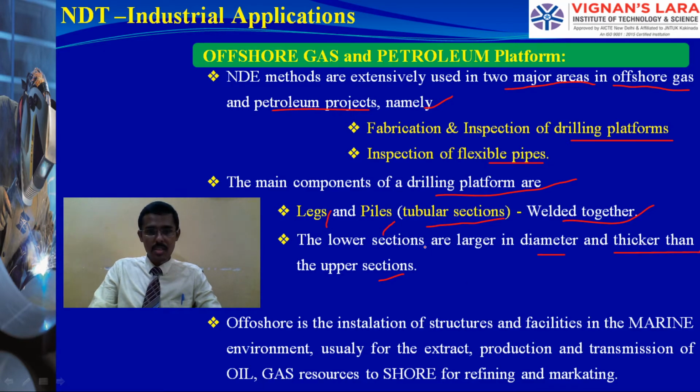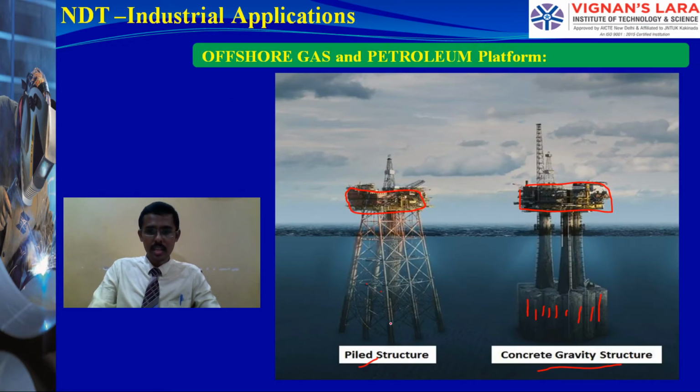In the previous images, the bottom sections are much thicker because the loads are heavy at the bottom. The legs have to be heavy and strengthened, then only can we support the large towers at the top. The load carrying capacity has to be at the bottom. Therefore, it has large diameters and large thicknesses.